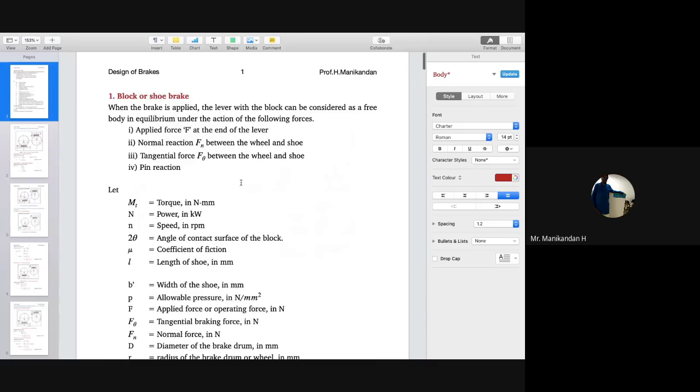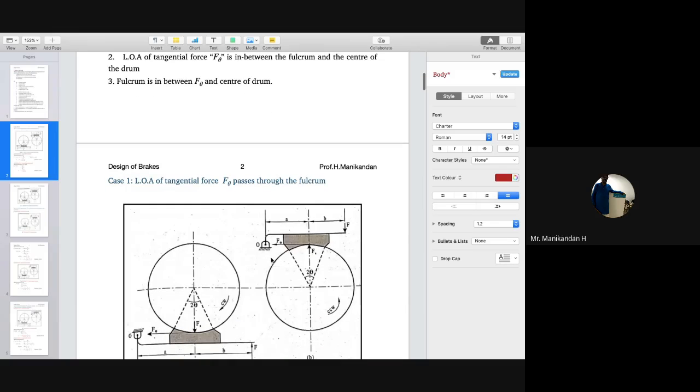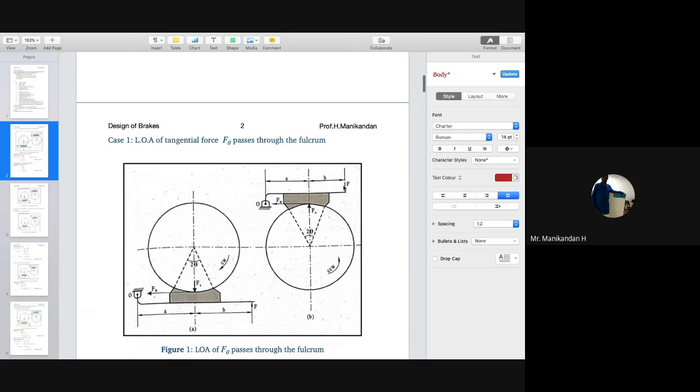One force is the applied force F at the end of the lever. With respect to the fulcrum, there is a lever attached which we press, so the force we apply is called the applied force, characterized by the letter F, applied on the lever.